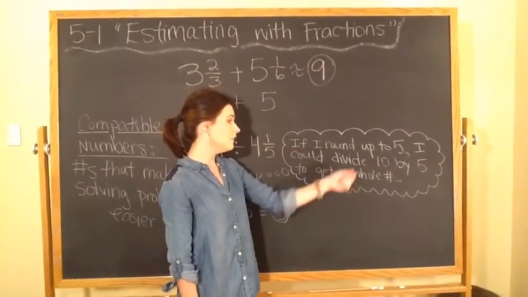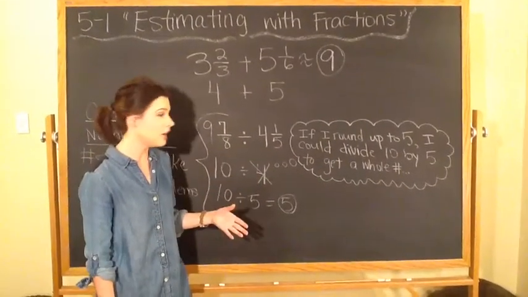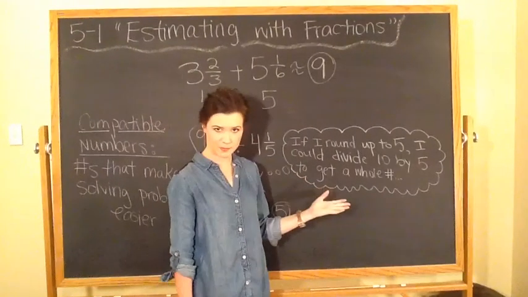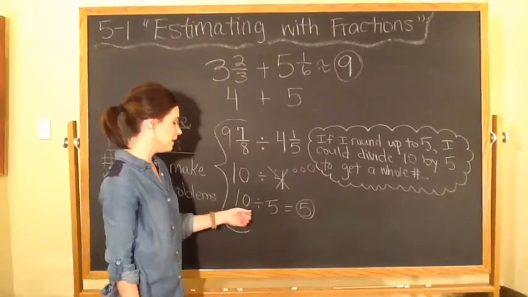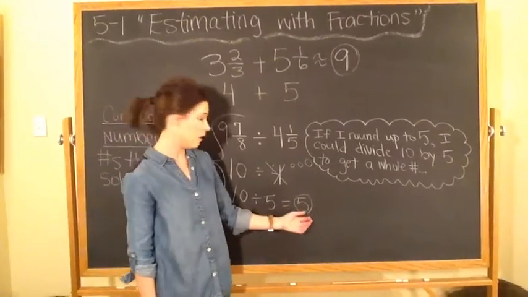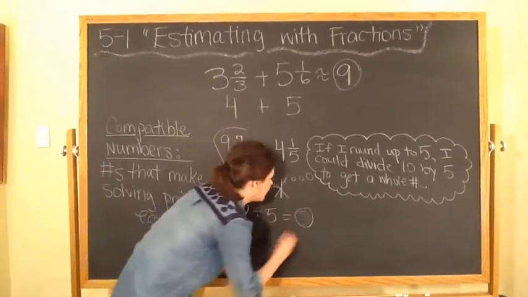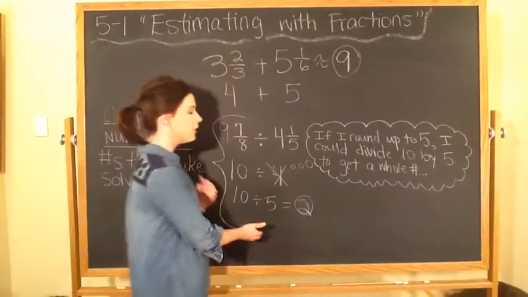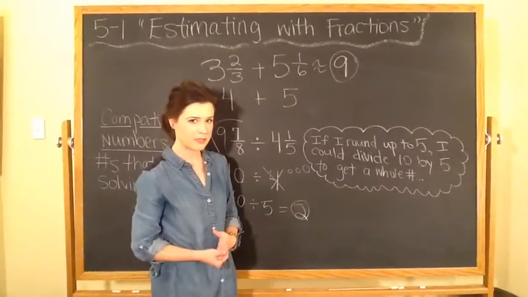If I round up to 5 instead of rounding to 4, like direct estimation would tell you, I could divide 10 by 5 and get a whole number. So that's what I'm going to do. I'm going to round this up to 5. And so 10 divided by 5 is going to give you, not 5, it's going to give you 2. That makes it a little bit easier for us if we're rounding a little bit up or a little bit down, a little bit more than usual, to make it easier for ourselves.